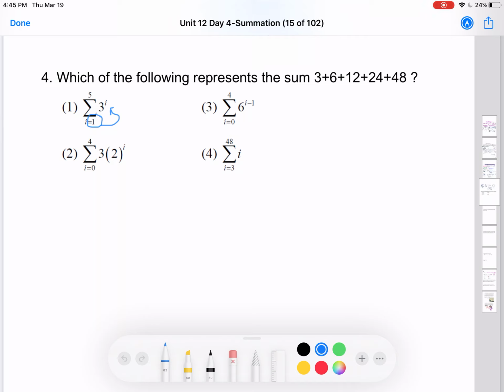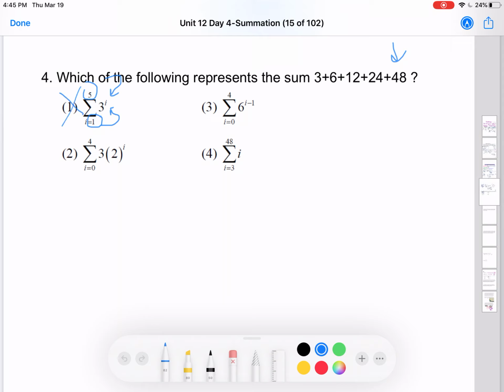The first term in the sequence is 3, so that looks good so far. What if I take 5 and plug it in? Go ahead and put 3 to the 5th in your calculator, and you get 243. Well, 243 is not the last term in the sequence, is it? So I know this guy can't work.